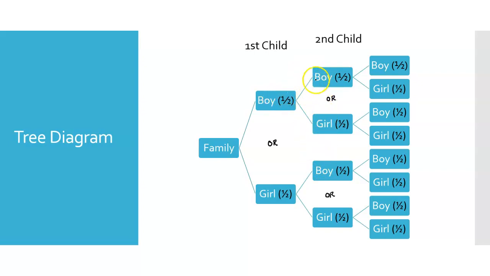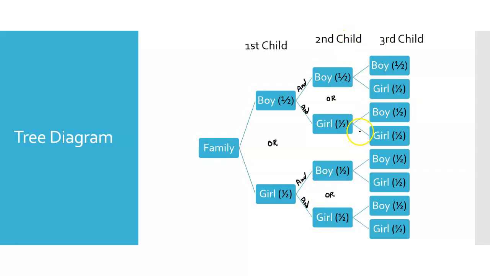We've had a boy and a boy, or we had a boy and a girl, or we had a girl and a boy, keeping in mind how important the ands and the ors are. Or we had a girl and a girl for our second child.